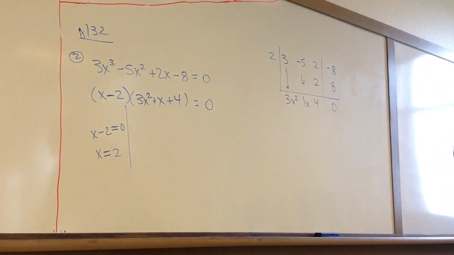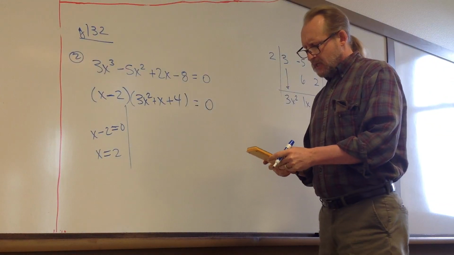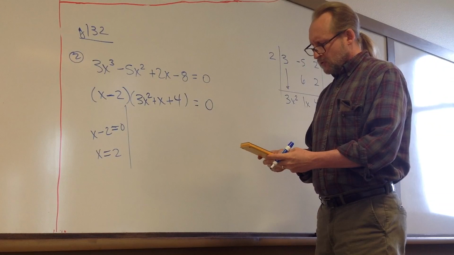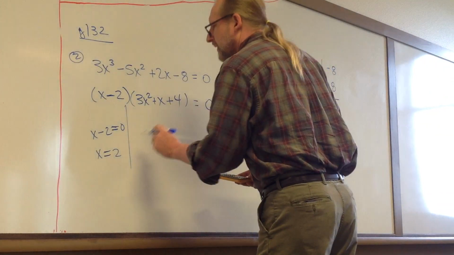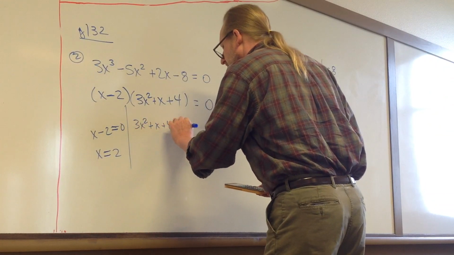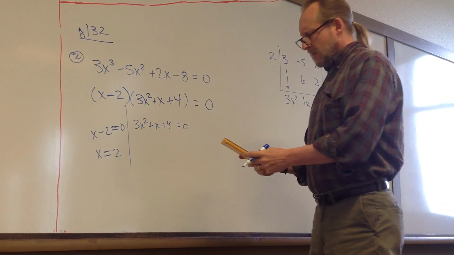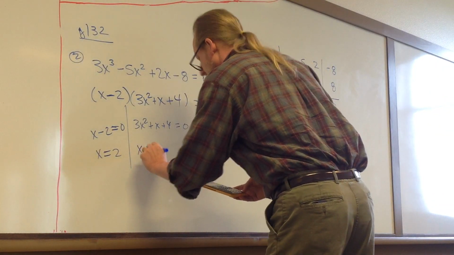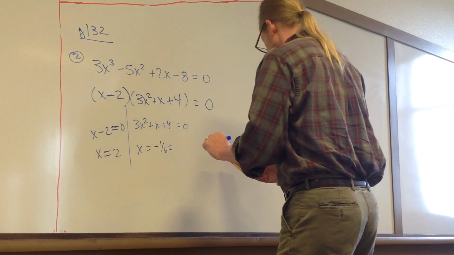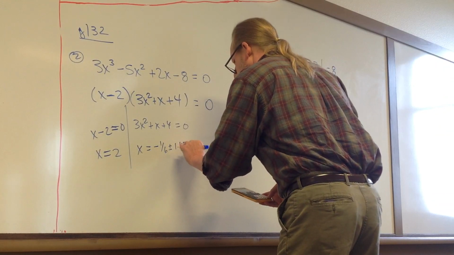And the reason why we didn't see any additional roots on the graph is because this polynomial has complex roots. So if we run this through the quadratic, we set this factor equal to 0 and run it through the quadratic formula, and there are complex roots. x is negative 1/6 plus or minus 1.143i.